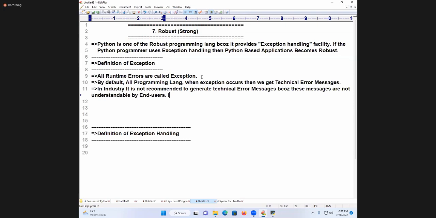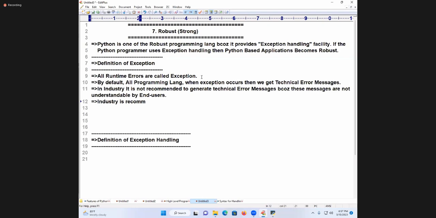So industry recommends, I am writing the next line, industry recommends to generate user-friendly error messages. By using which concept? Very good. Exception handling. That's it.